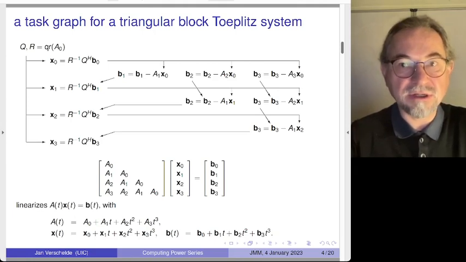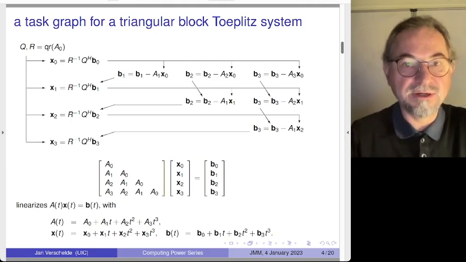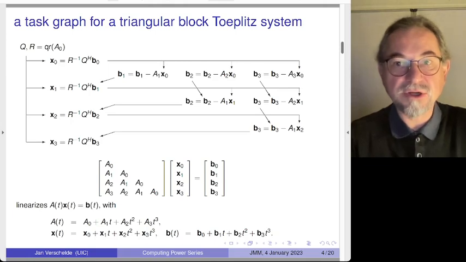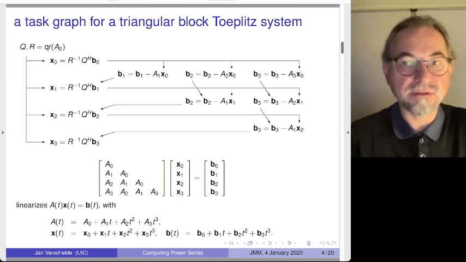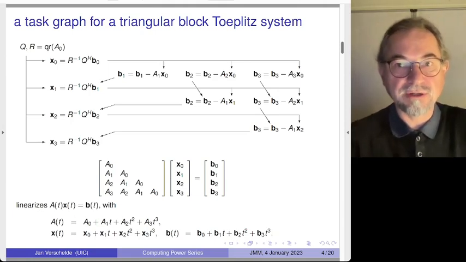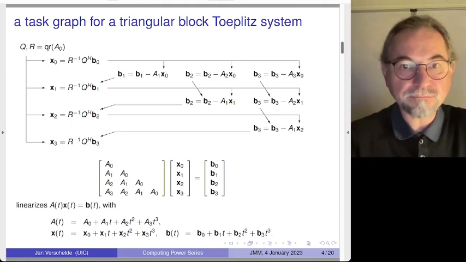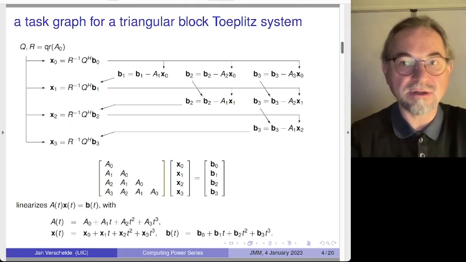And the task graph here defines a coarse-grained parallel execution of solving such one triangular block Toeplitz system. So the arrows give the flow of the data. Statements that are on the same line can be executed in parallel.